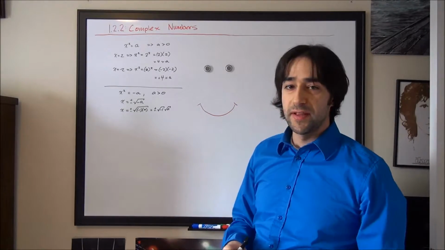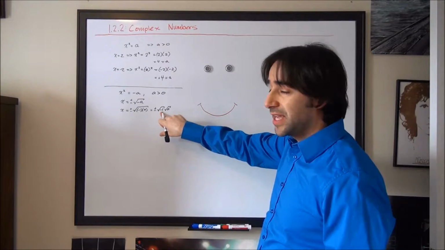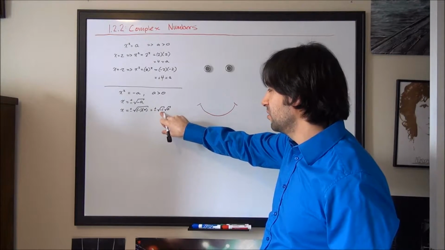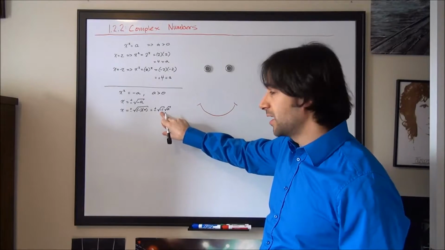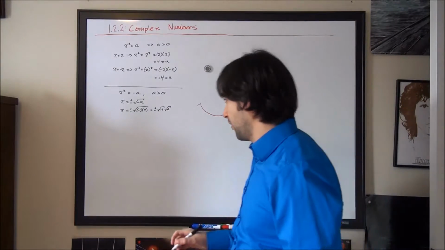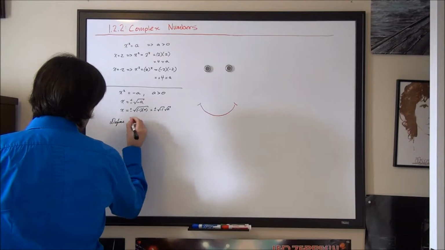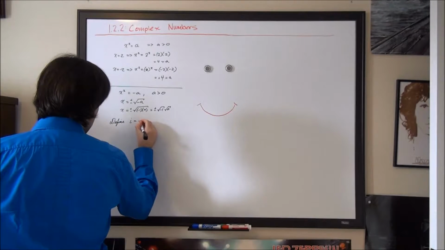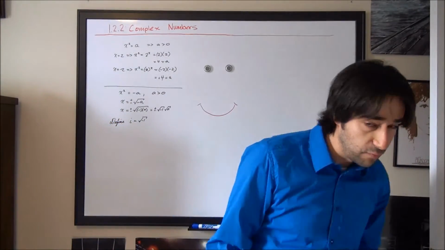The calculator can always find the square root of a positive number. This, your calculator still can't tell you though. Your calculator can't tell you that x is equal to the square root of negative 1. Which is why we define this to be the imaginary number. So, we define that i is equal to the square root of negative 1.